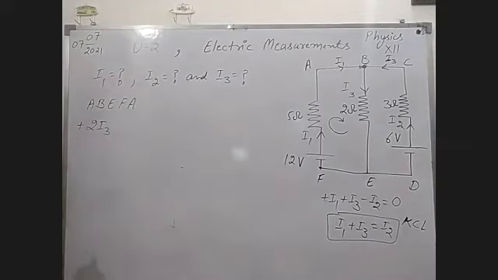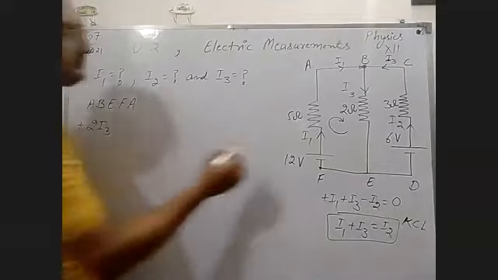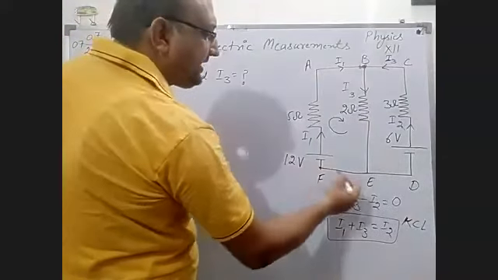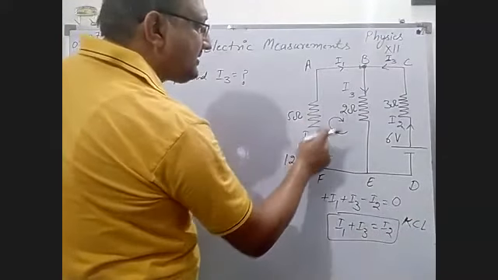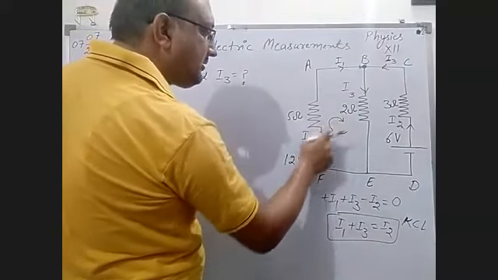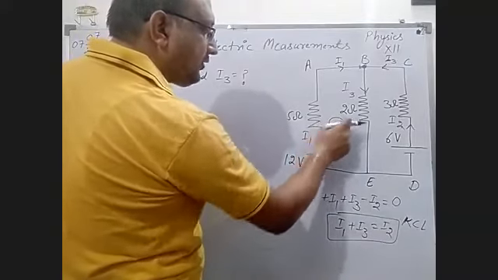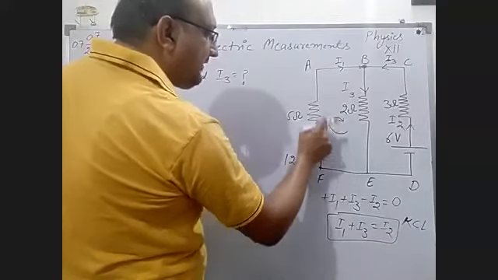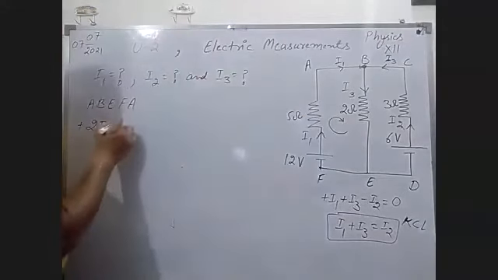Now next in EF, nothing is there. And after that, where current and resistance? In this I1, in accordance with this, I1 into 5.